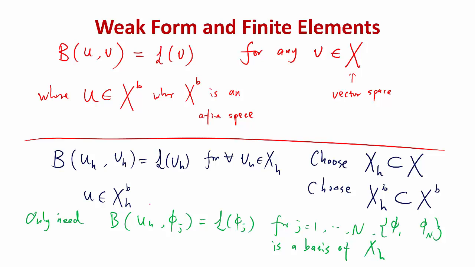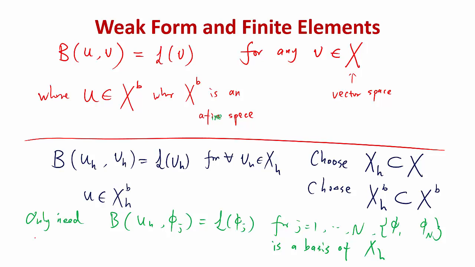And also u_h. So now we have a finite number of equations. Do we also have a finite number of variables to solve for? We have a u_h that is now no longer in the infinite dimensional space, but in a finite dimensional space. It is not a vector space, but it is what we call an affine space, which means it is going to be a constant plus a linear combination of bases.